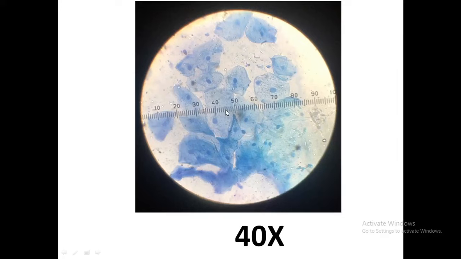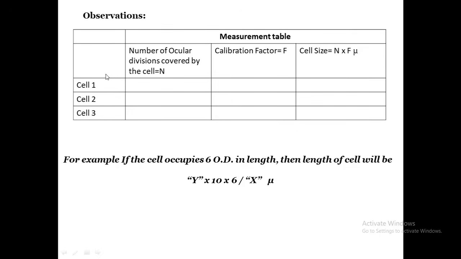Here one thing we should remember: whether it's a plant cell, an animal cell or any other microorganism, we should not measure a single cell only. For a better result, we should use at least 3 different cells, randomly selected. Then only can we give a better idea about the cell size.